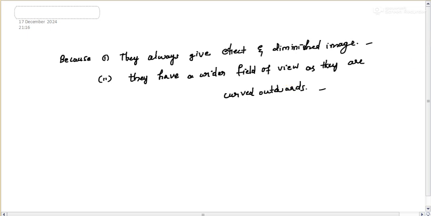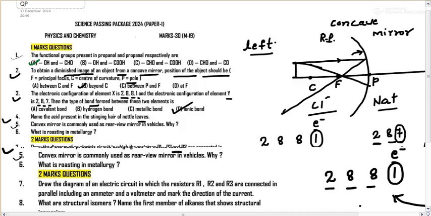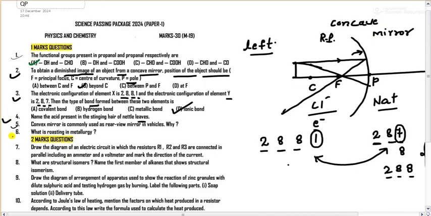Okay, fine. Coming to our next question. Question number 6. What is roasting in metallurgy? This is from the chapter Metals and Non-metals. These two definitions are very important. One is roasting and the other is calcination.